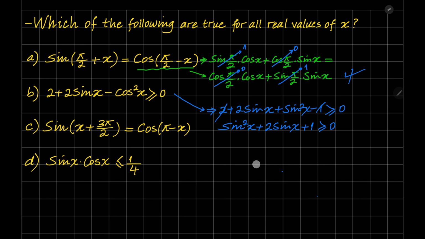As you know, this part is sine x plus 1 square, which is greater than or equal to 0 always. That means the second expression is correct. A is false and B is correct.